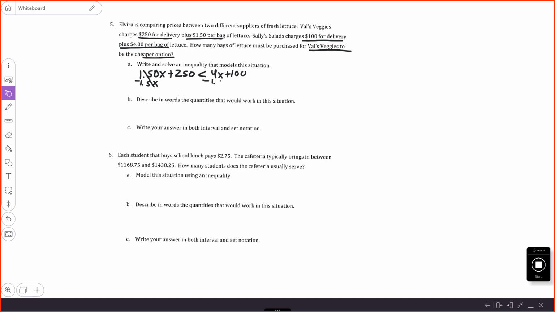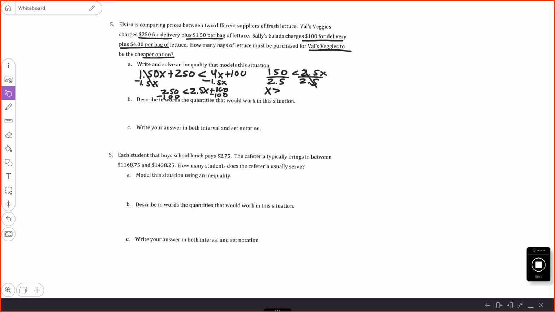So I'm going to subtract 1.5x from both sides. So that means 2.50 is less than 2.5x plus 1.00. Subtract 1.00 from both sides. And I get 1.50 has to be less than 2.5x. Divide by 2.5.